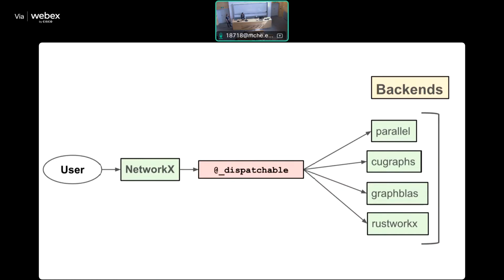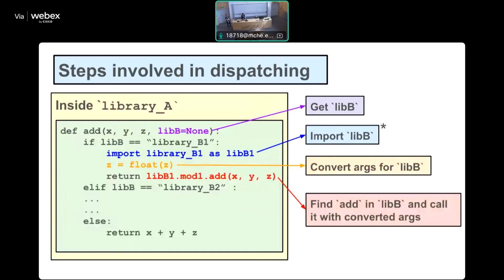So it was also a way to create an ecosystem and offer a nice user interface, because sometimes people would just use a different package to run one function because they needed speed.